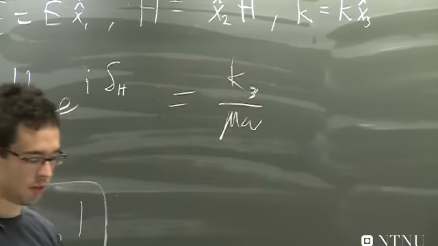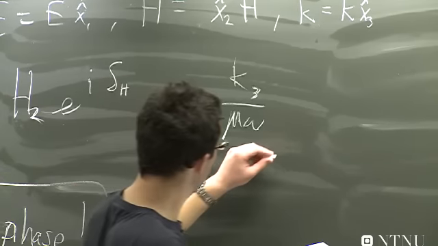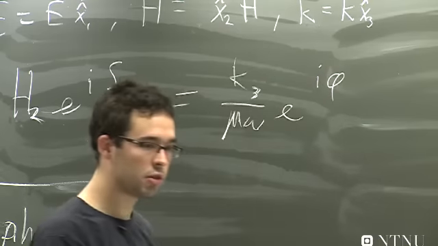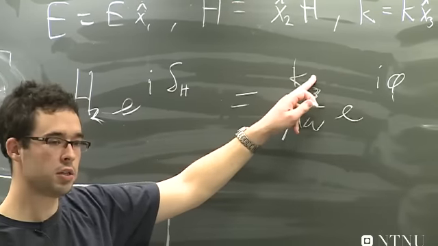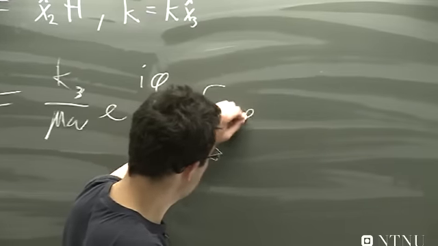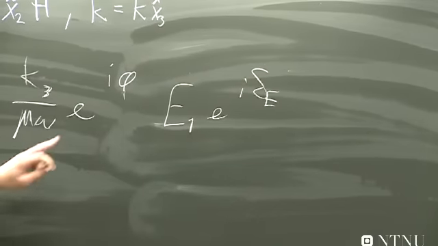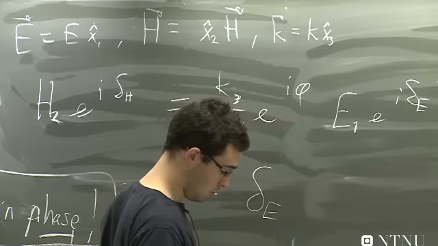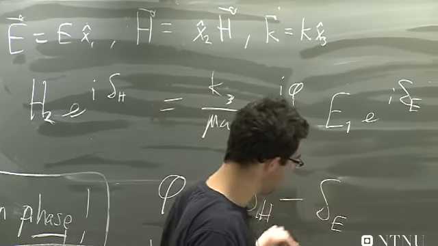And now, as always, K is perpendicular to E. So the cross product doesn't contain anything more than just simple multiplication. You get some phi here, which is the complex phase of the wave number. And you get E1 e to the i delta E. And now you see that phi is equal to delta H minus delta E. Okay?